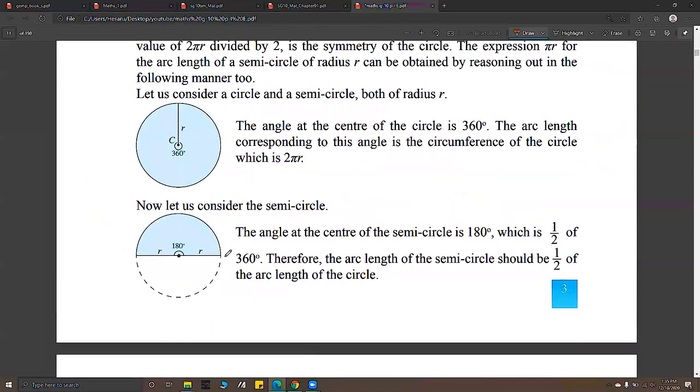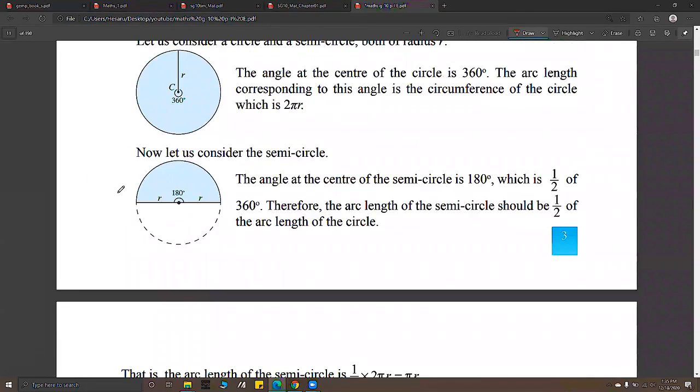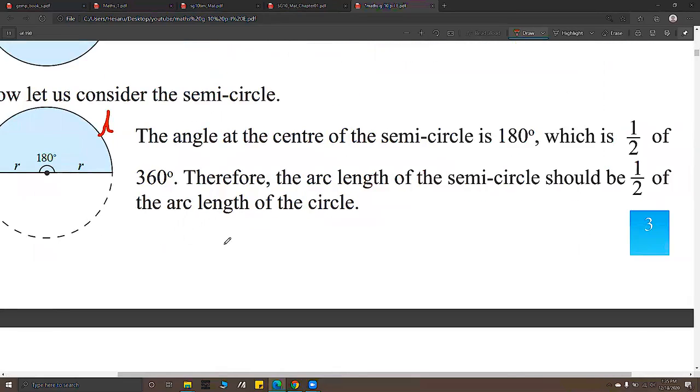Let's take another example. This is for a semicircle, and let's take this length also as L. For a semicircle, L starts from 2 pi r for 360 degrees, which means a full circle. To get the length for 1 degree, we divide it by 360.